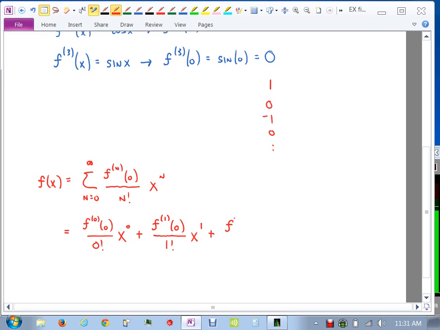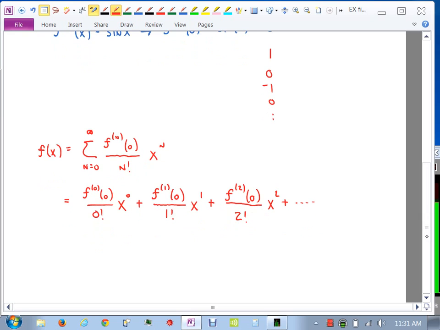Then second derivative at 0 over 2 factorial, x squared, plus and so on. On the next line, I'll put the numbers in and go further with my numbers, but I'm going to stop writing that.